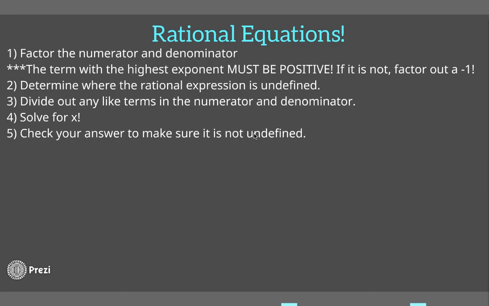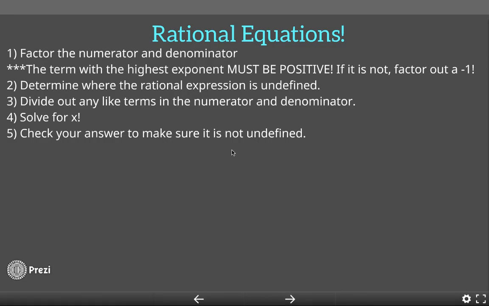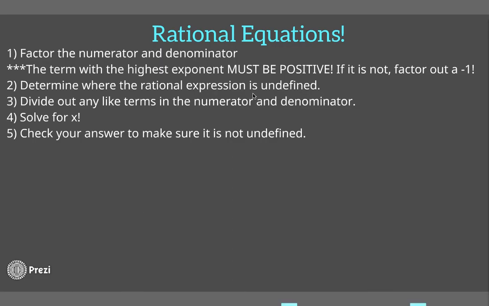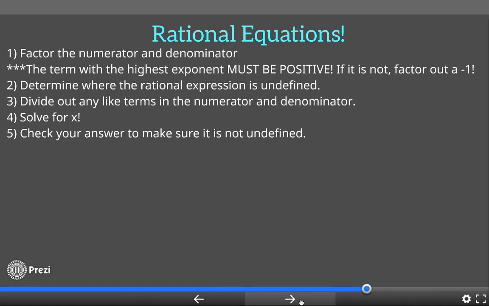If any of our answers is in the part that we solved for being undefined, we cannot use it. And what is it called when answers do not work in math? Holy hot dog, you guys are so smart. They are extraneous solutions. We will call them extraneous if they end up being ones that are undefined.